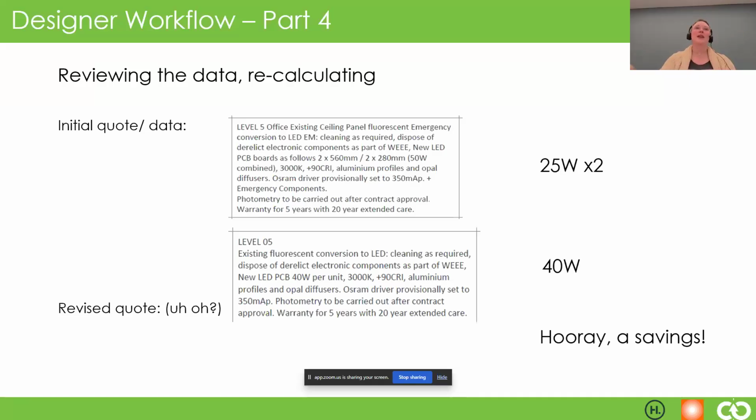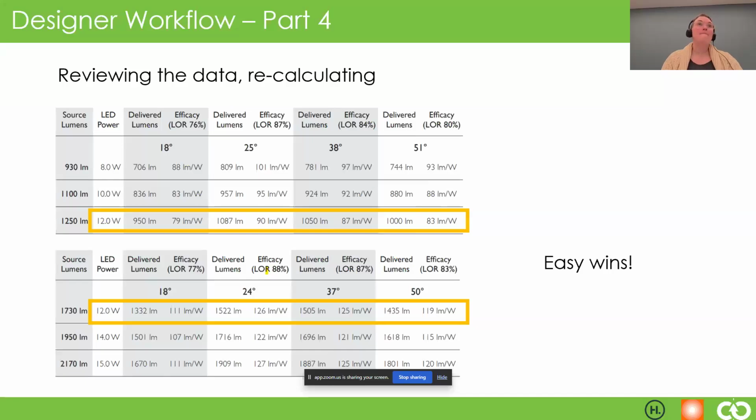When you have so much data and so many different points of data that you need to compare against one another, it is easy to lose something in the process. And then again, reviewing the data and recalculating, right? So we had put the luminaire on the top, a 12 watt, 1250 lumen output fitting, into our calcs.